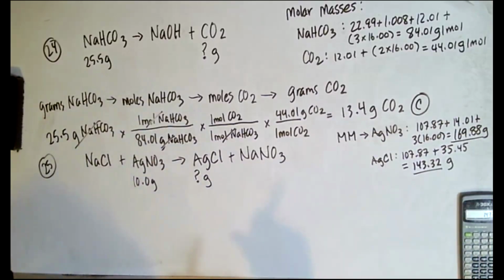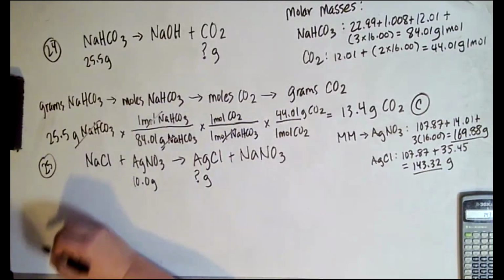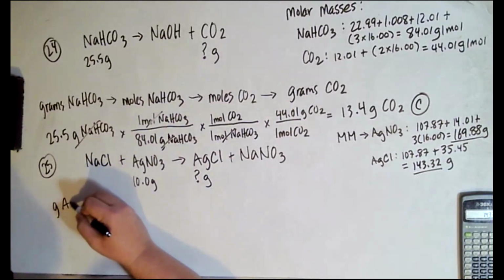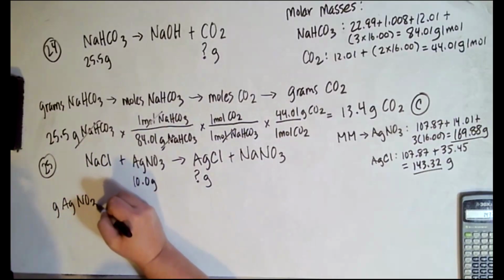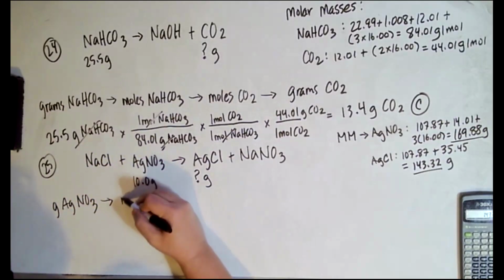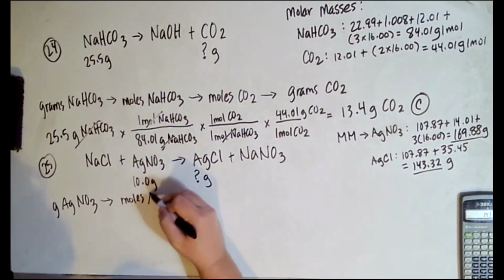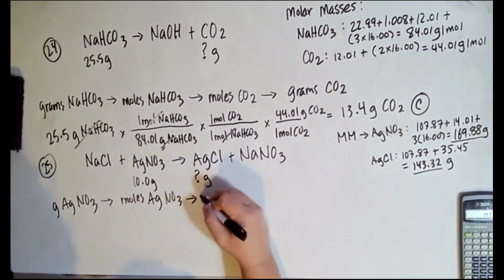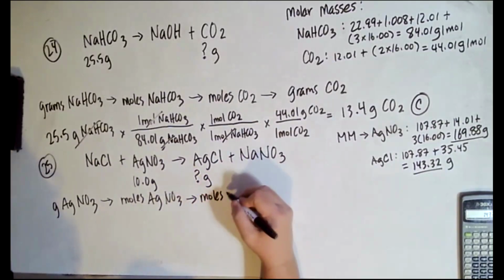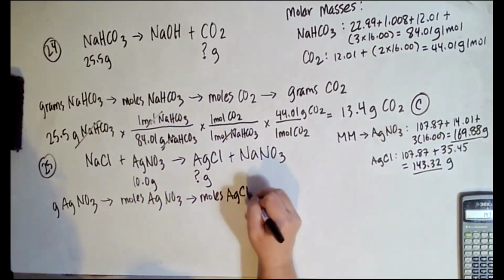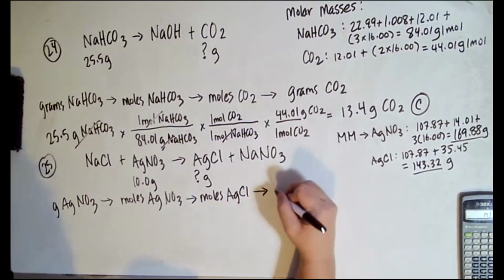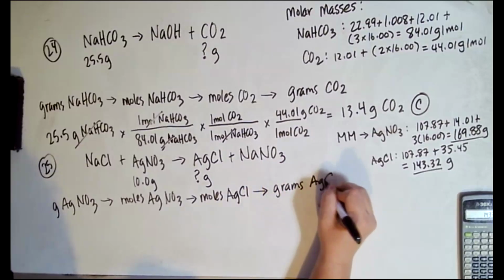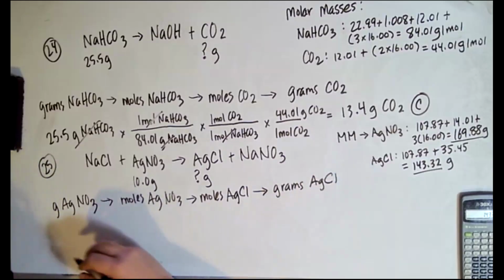The format's going to look awful similar to what we did up here because we're going to take our grams of AgNO3. We're going to turn it into moles of AgNO3 using our molar mass. We're going to convert it into moles of AgCl using our balanced equation. And then grams of AgCl using our other molar mass.